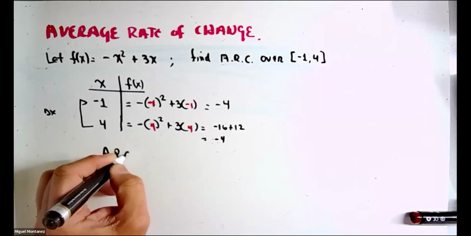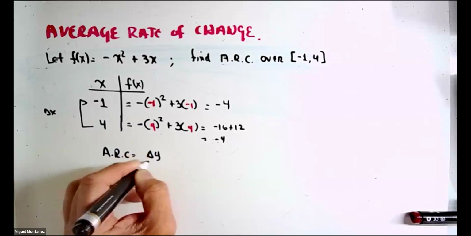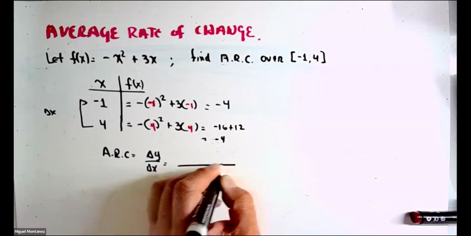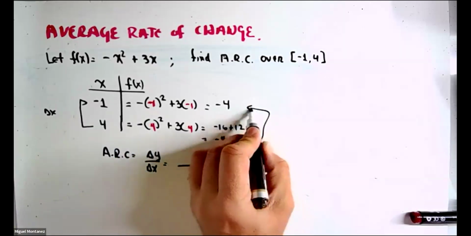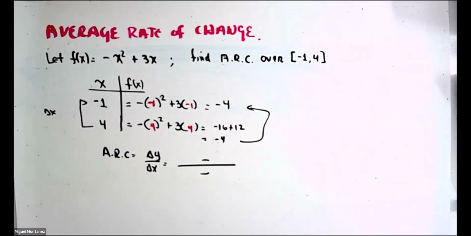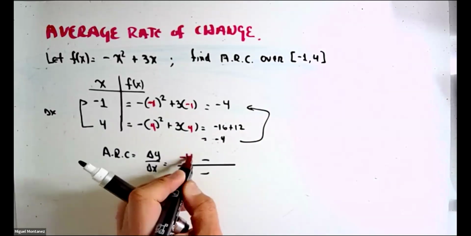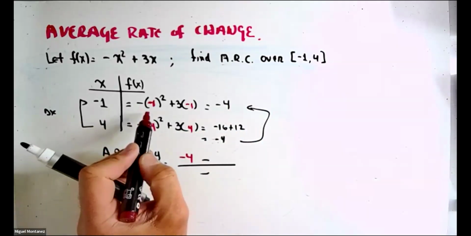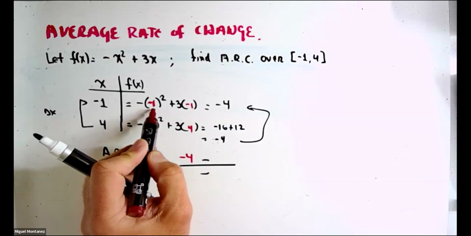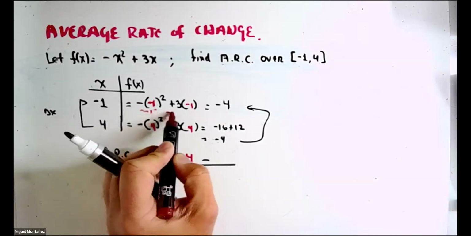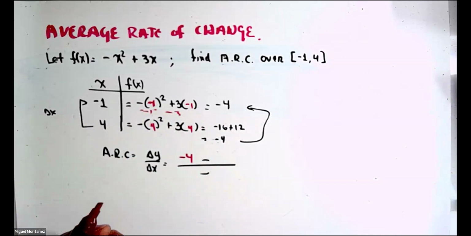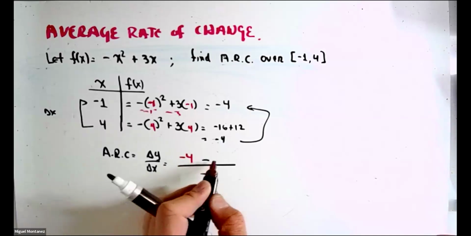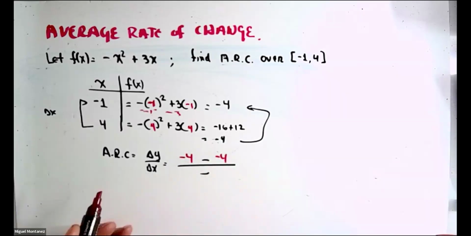The average rate of change is going to be the change in y over the change in x. We went from negative 4 to negative 4.